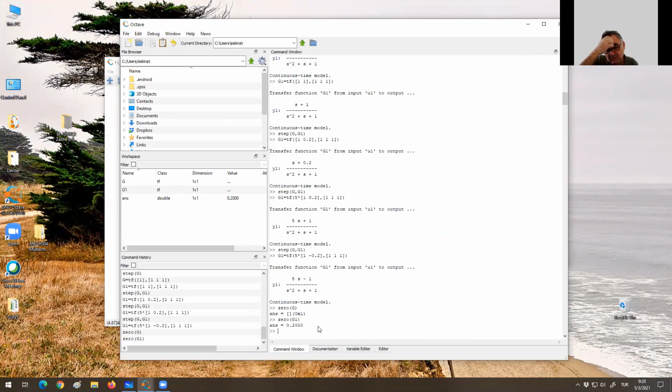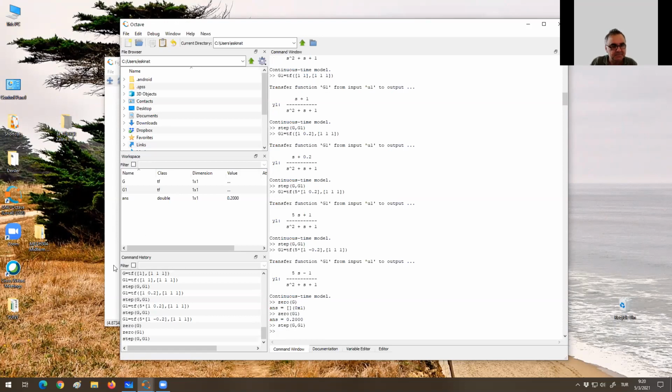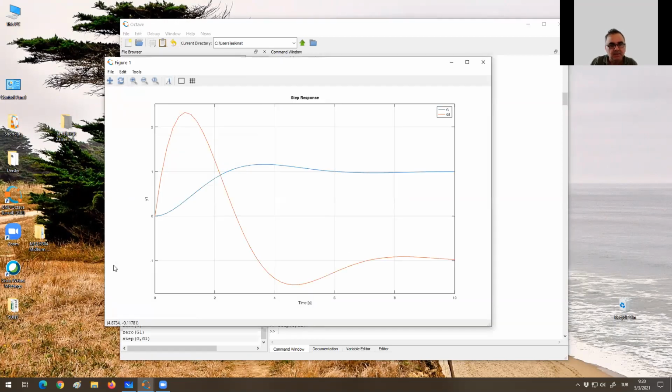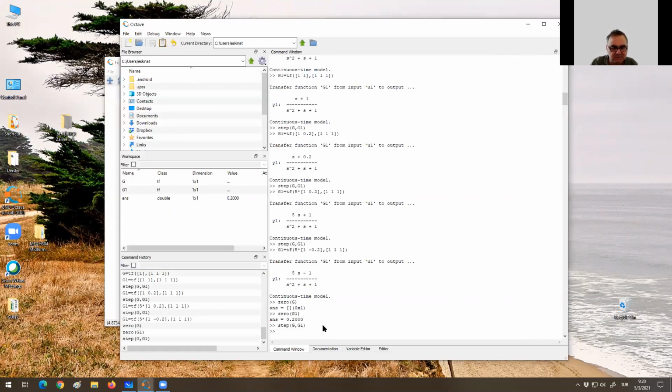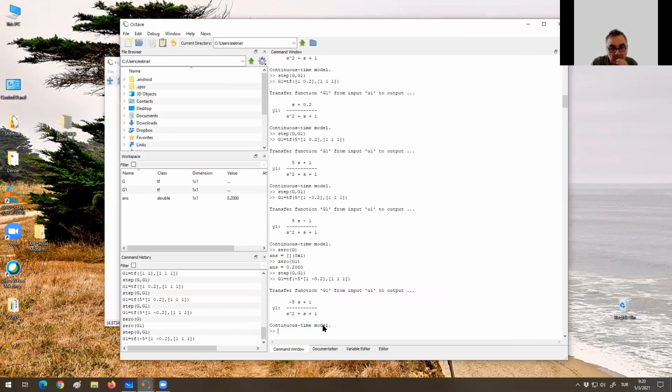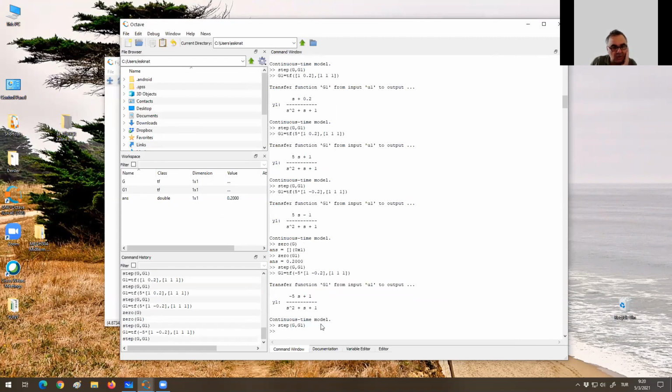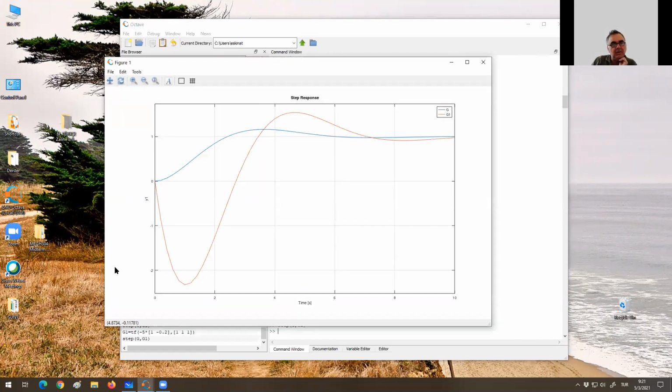Actually, you will see that it will give you a strange response. First of all, the steady state gain has changed now. It has become -1, but let's change that also. Now, okay.